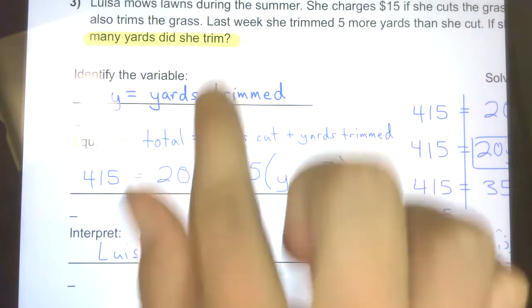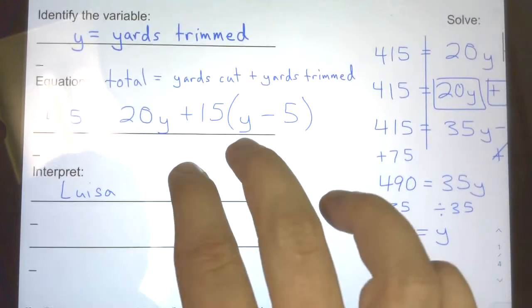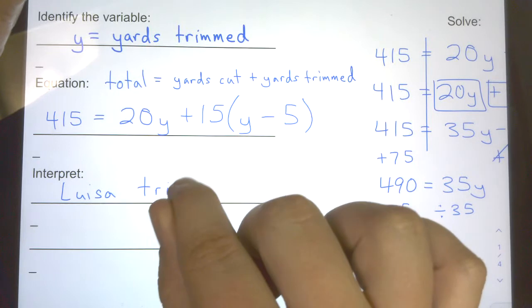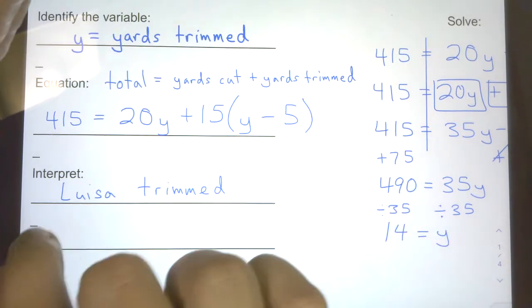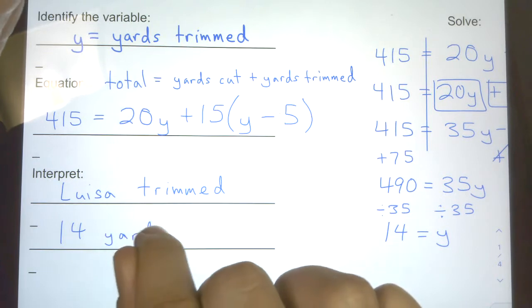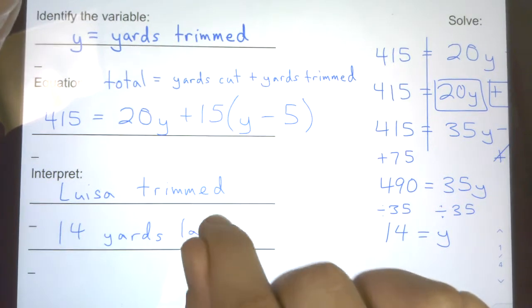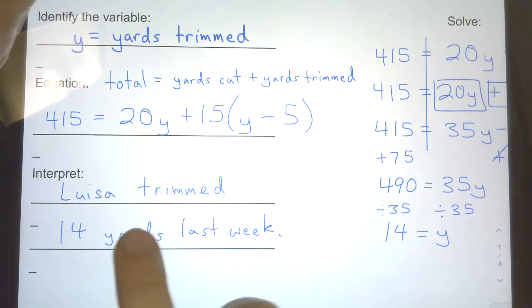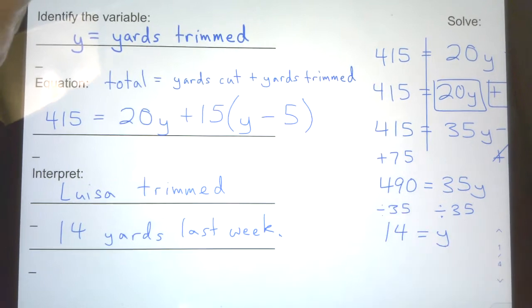How many yards did she trim? Louisa trimmed 14 yards. I guess it's last week. I think that was the context of the problem. So yeah, Louisa trimmed 14 yards last week.